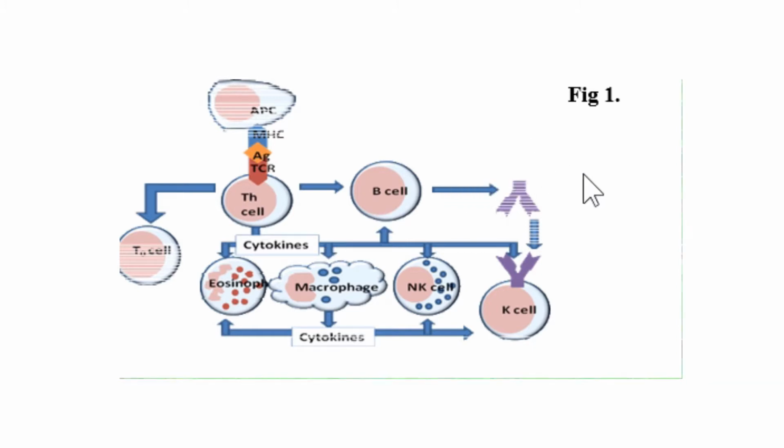For example, the antibody will stimulate antibody dependent cell response, like killer cells. Sometimes there will be activation of natural killer cells, activation of macrophages, even activation of eosinophils to produce different types of cytokines to eliminate the target antigens.